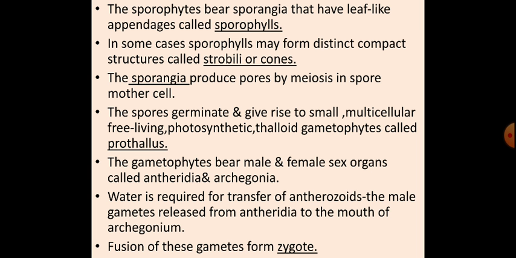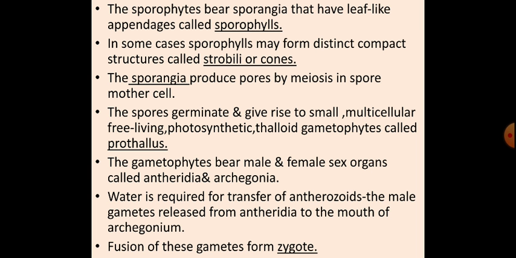The sporangia produce spores by meiosis in the spore mother cell. These spores germinate and give rise to a thalloid gametophyte called a prothallus. Now what does this gametophyte contain? The gametophyte contains male and female sex organs.